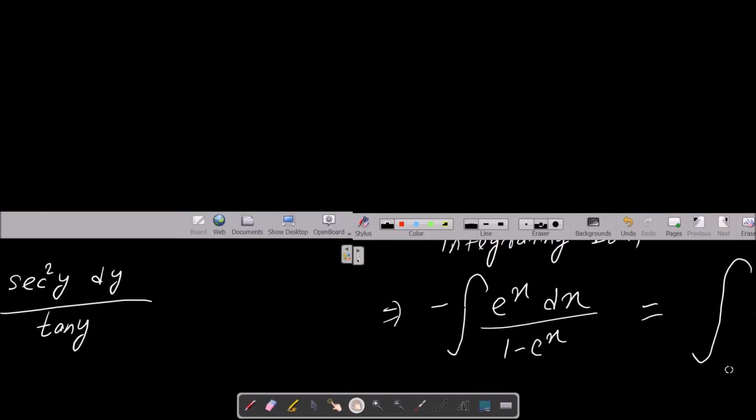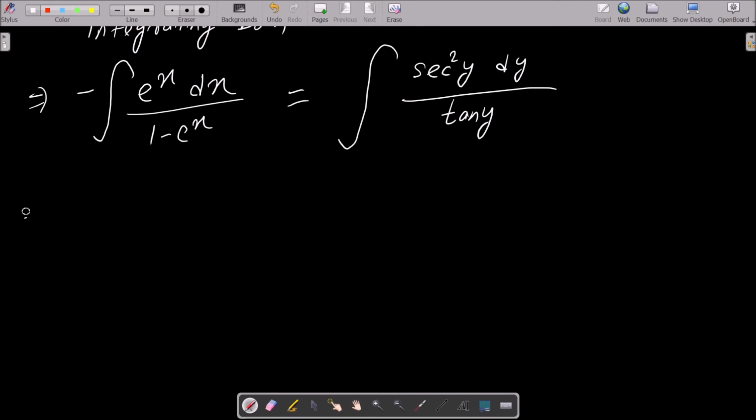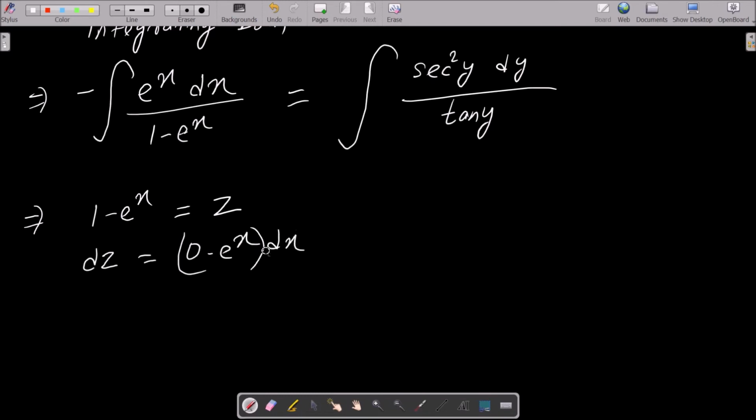After that, the next is I'm going to assume 1 − e^x equals z. Then dz equals the differentiation of 1, which is 0, and the differentiation of the exponential is the same, and dx. So we can write dz equals minus e^x dx.